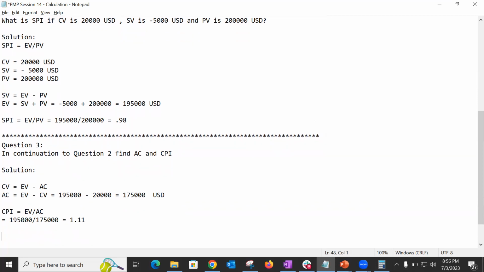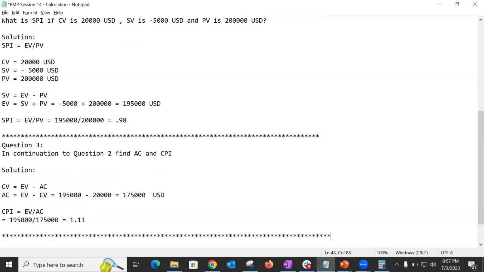Now the other way, which I will show you when we do a full-blown mock test, is that another kind of question you may see on the exam is a graph. You may see a graph of the CPI and the SPI, and how the numbers are fluctuating, going upward or downward. Based on that, you have to answer questions like, how is the project doing currently, or how did the project do 3 months ago?